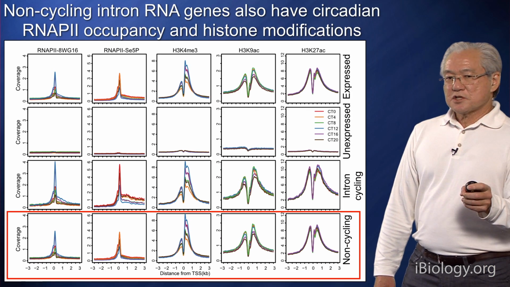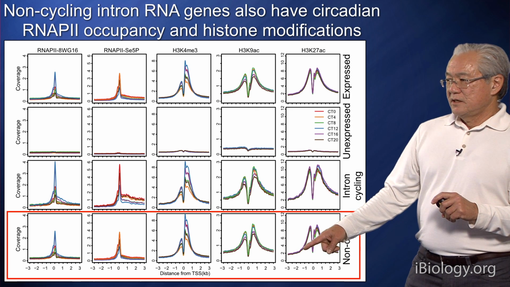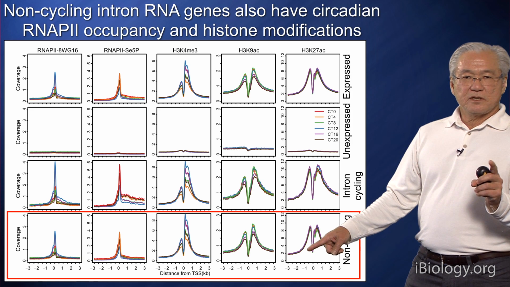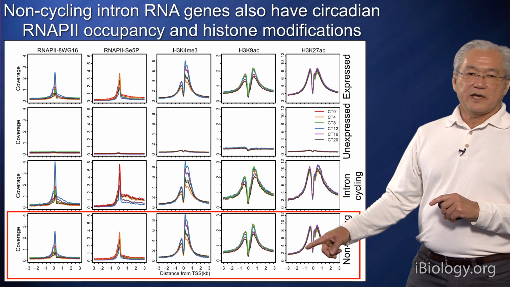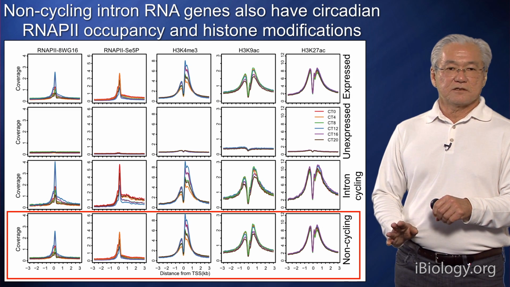And finally, the biggest surprise is here at the bottom. If we look at those genes in the liver that are expressed but not cycling at the RNA level, we see that they are still carrying polymerase marks and histone modifications that are cycling.